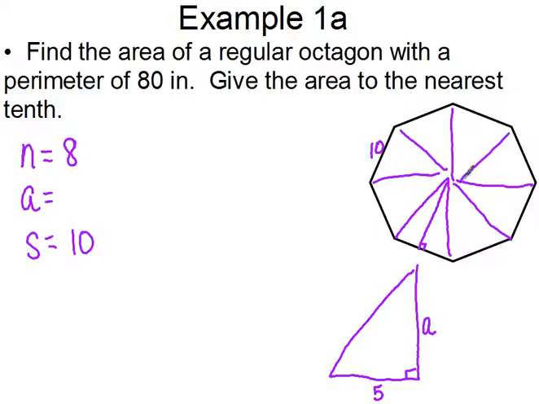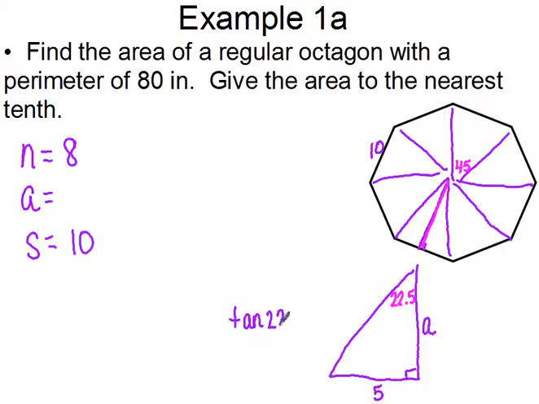Okay? Now, we need angles in here. There's 8 angles around the middle of an octagon. So if you take 360 divided by 8, you get 45 for one of these angles. But we drew the apothem. So that splits that 45 in half, makes this angle right here 22.5. Okay, so now we have our right triangle. There's no hypotenuse, so that's tangent.